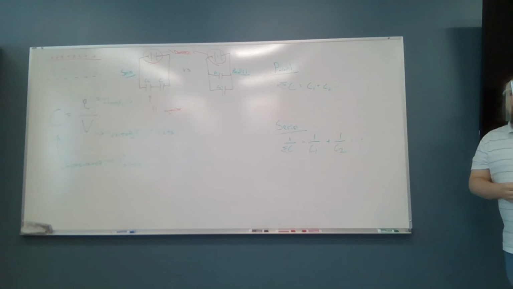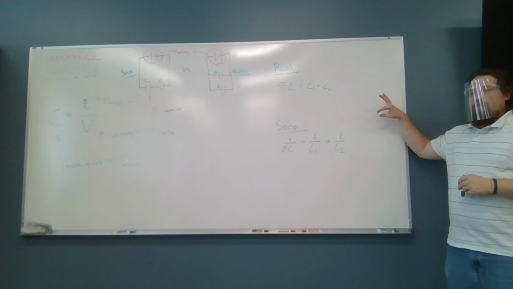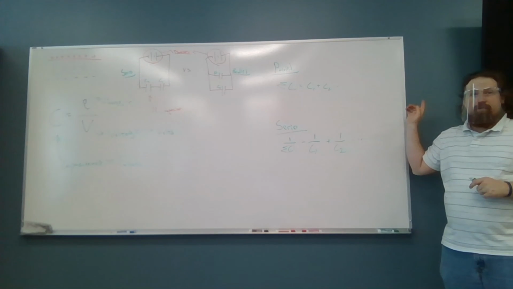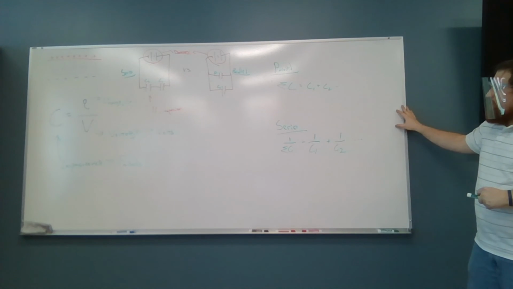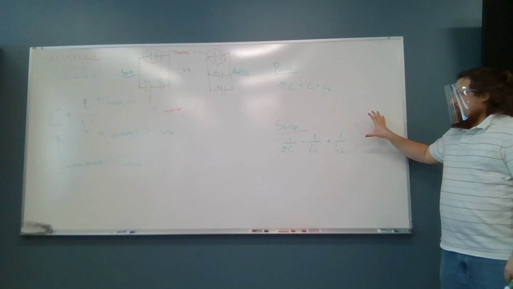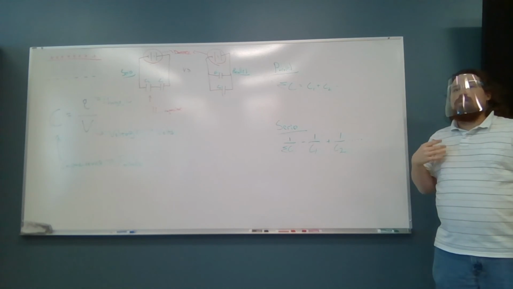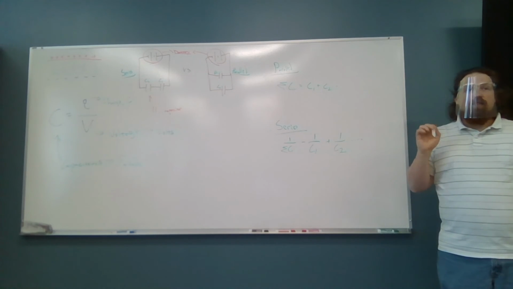Again, if you've dealt with resistors before, this is completely reversed. And that's okay. So in series, adding more capacitors will actually drive the total capacitance of the entire circuit down.